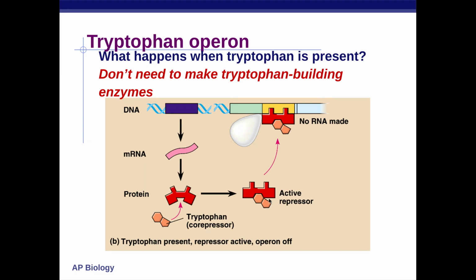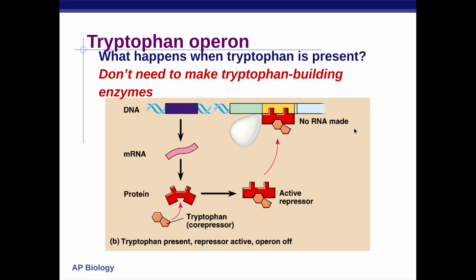Therefore, tryptophan acts as a co-repressor. It acts with the repressor to make the repressor active. In that activated form, bound to tryptophan, the repressor goes and binds to the operator sequence. When it does that, the RNA polymerase is no longer able to continue with RNA synthesis. Therefore, no more new tryptophan synthesis happens.